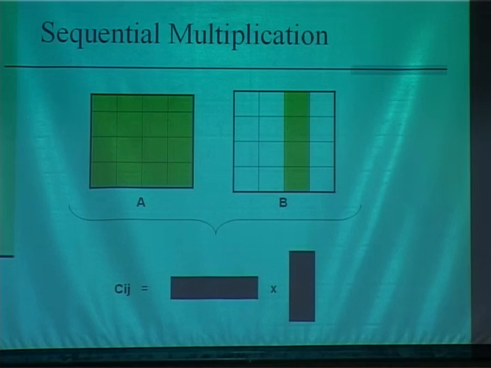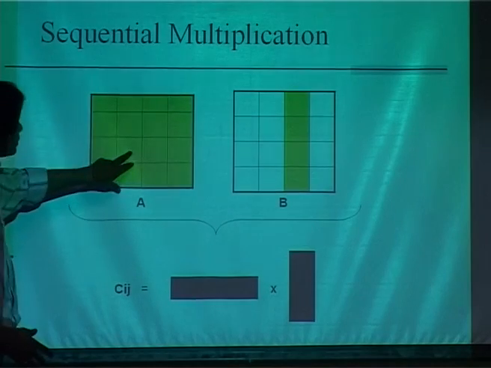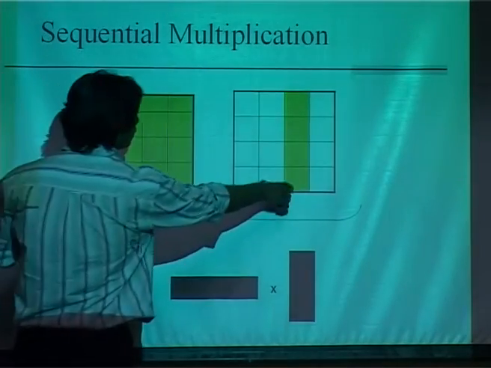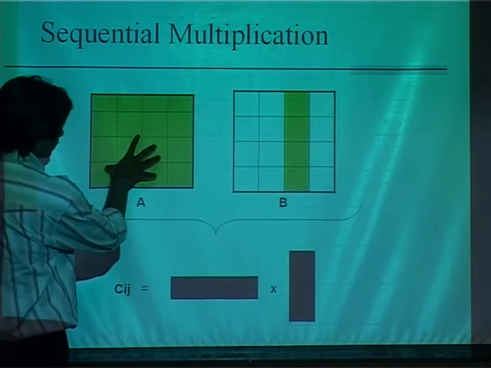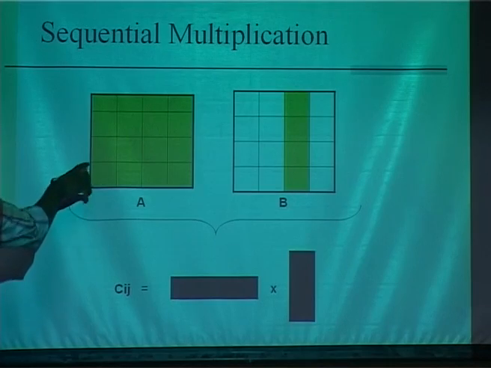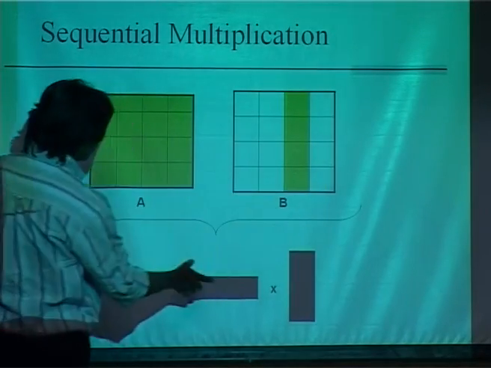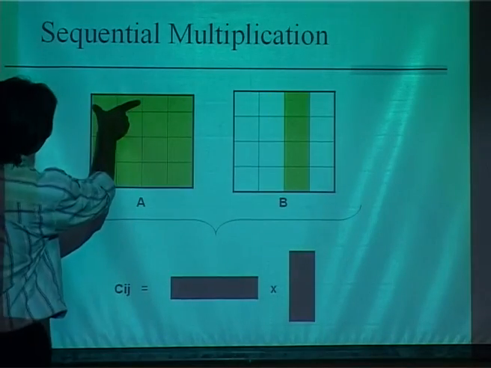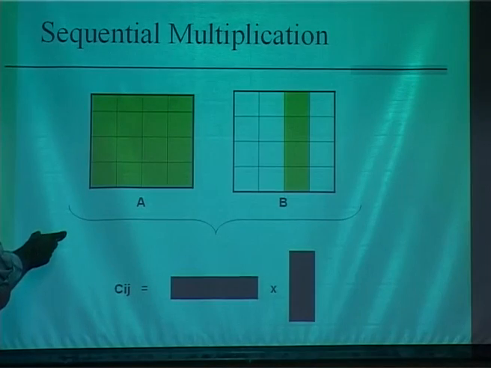Sequential multiplication, as given in BLAS, is like this: you take the matrix and multiply it with a column of the B matrix. The multiplication of these gives you a column, which in turn calls a row being multiplied with a column, giving one entry.